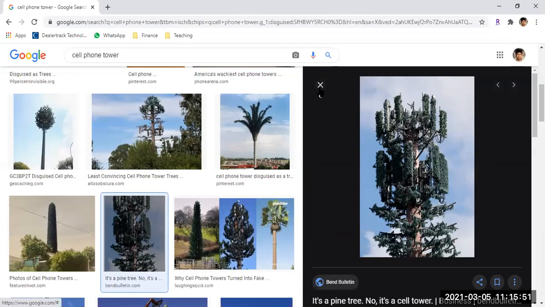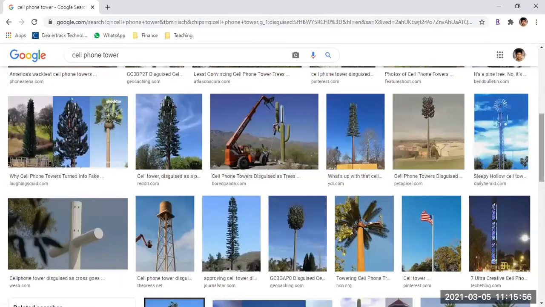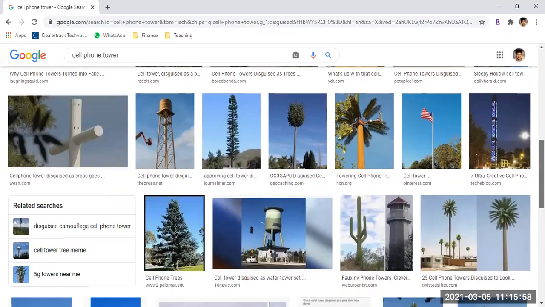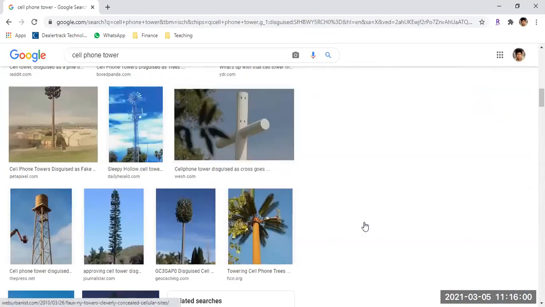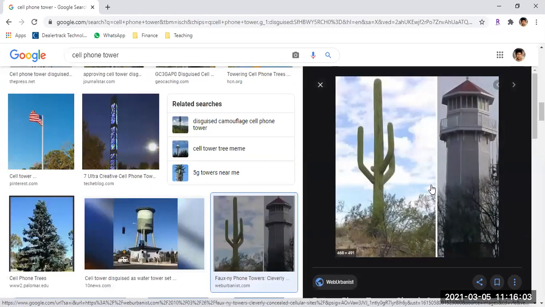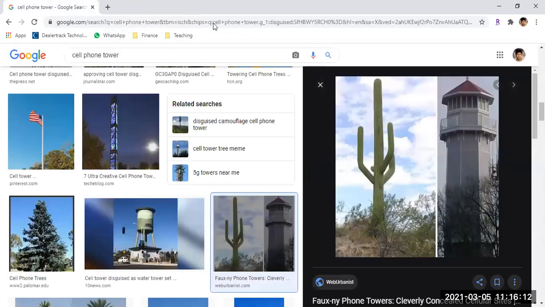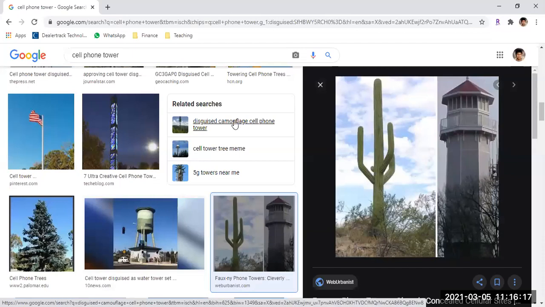Some of the trees, they disguise this way. This one also, you see. It seems like a cactus, but it's actually a tower. They camouflage it, they disguise it. So the look is quite deceiving actually.